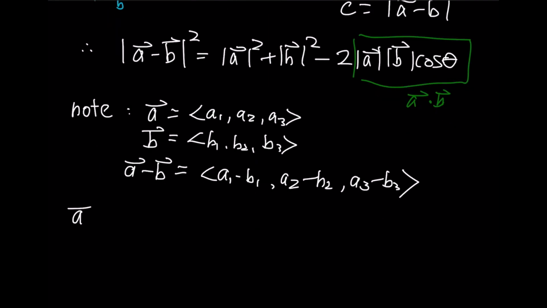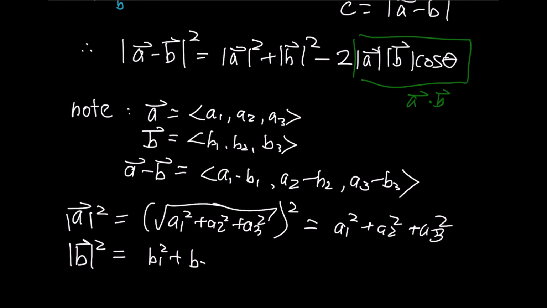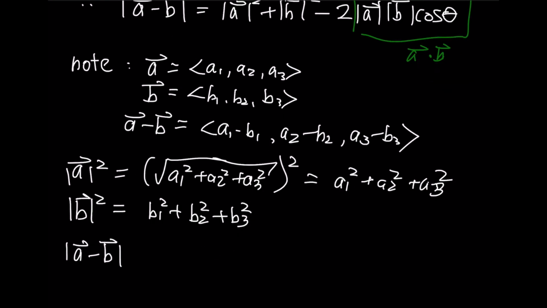The length of a vector squared is essentially A1 squared, A2 squared, A3 squared, square rooted, and then all squared, so effectively the square root goes away. I will get this quantity here, but the key to all of this result, length of the difference squared, I'm going to get A1 minus B1 squared, A2 minus B2 squared, A3 minus B3 squared.